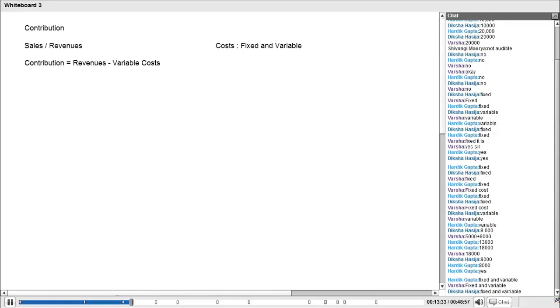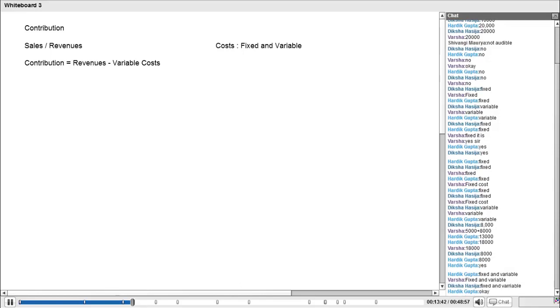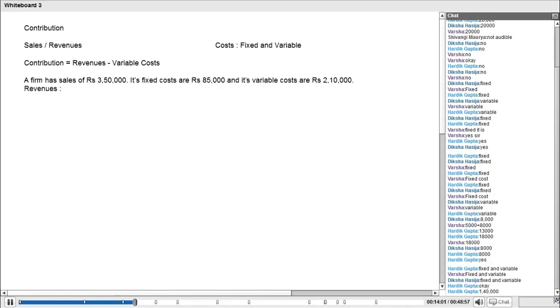Let's start with a few exercises. A firm has sales of rupees 3,50,000. Its fixed costs are 85,000 and its variable costs are 2,10,000. So what would its contribution be? What are revenues in this case? 3,50,000.